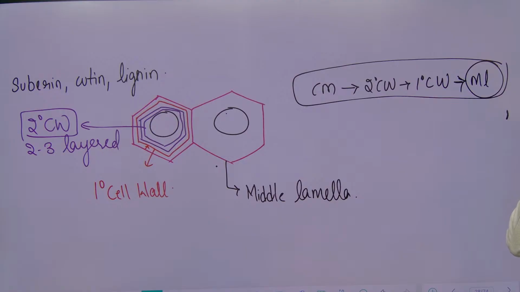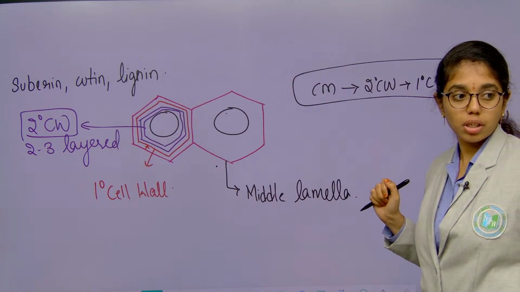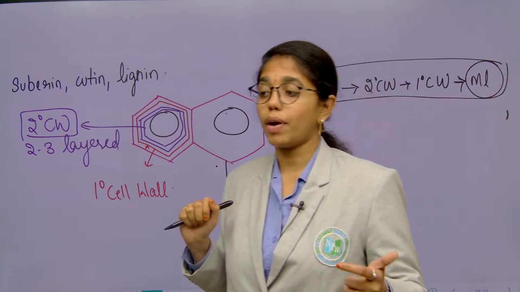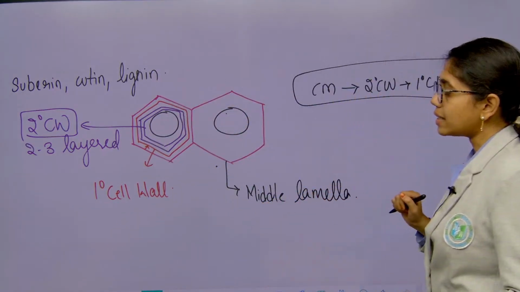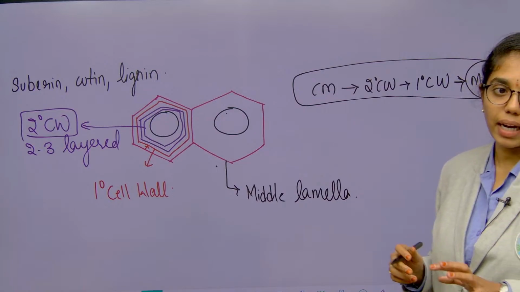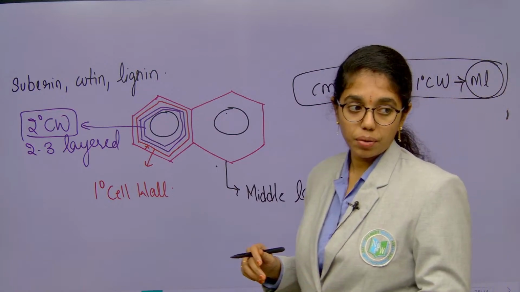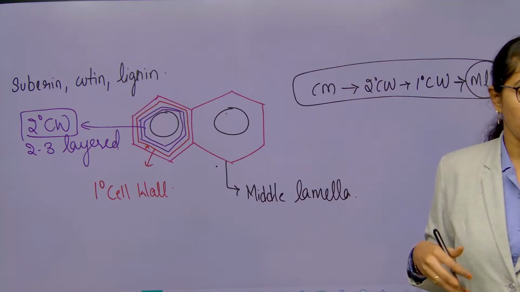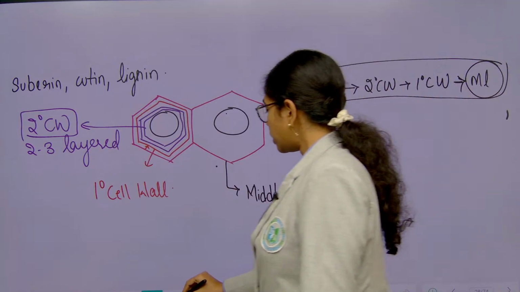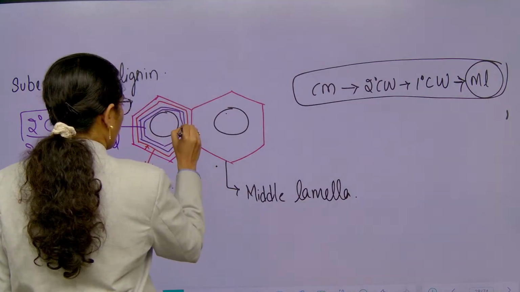What are the key functions of the cell wall? Protection, giving mechanical support and providing proper shape to the cell. Got it? And we say the cell wall is dead, but that is wrong. The cell wall is living only, and when we are discussing a plant cell, there is a living component in the cell wall, they will say.